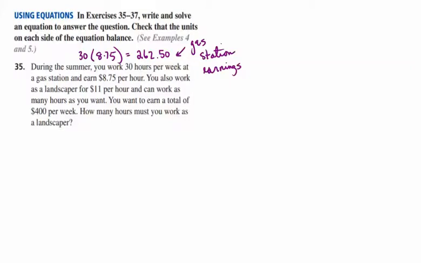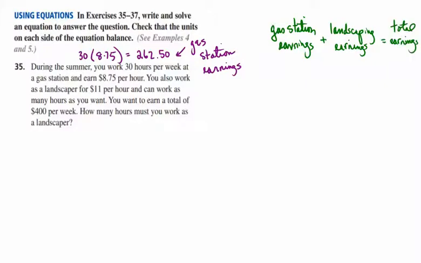Alright, so you also worked as a landscaper for $11 per hour, and you can work as many hours as you want. So here we don't know how many hours, so we're going to use a variable to represent the number of hours that you worked as a landscaper, and you know that you want to earn a total of $400 per week. So the basic structure of this problem is your gas station earnings plus your landscaping earnings is your total earnings.